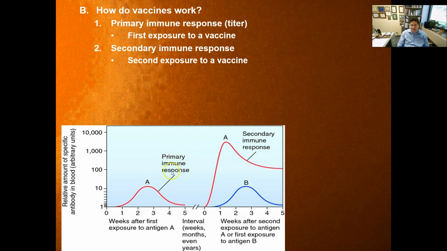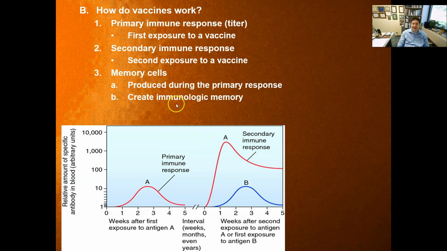This is your primary response. But look, a whole bunch of time could go by here, weeks, months, even years. If you're infected by that same antigen again, look how quickly the body produces antibodies against it. It's just an overwhelming response. And the reason your body can do this is because during the primary response, your body makes what are called memory cells.